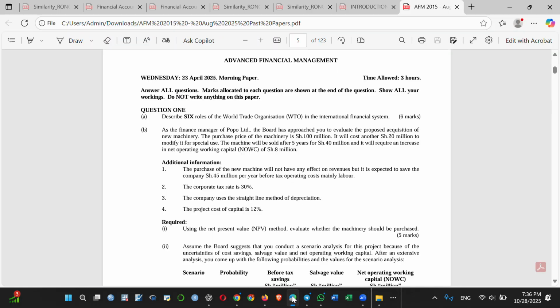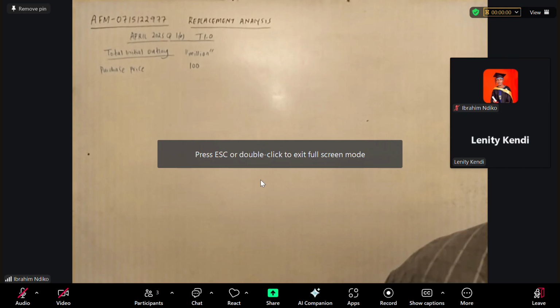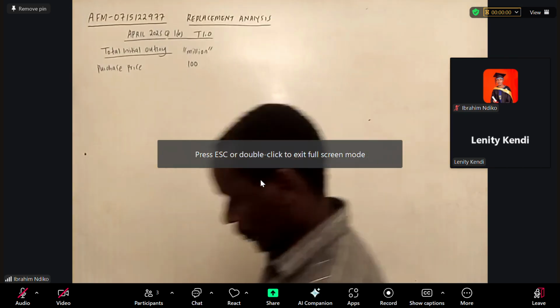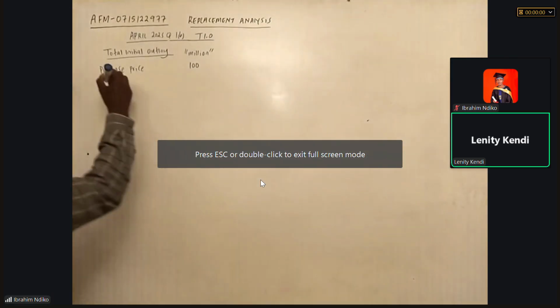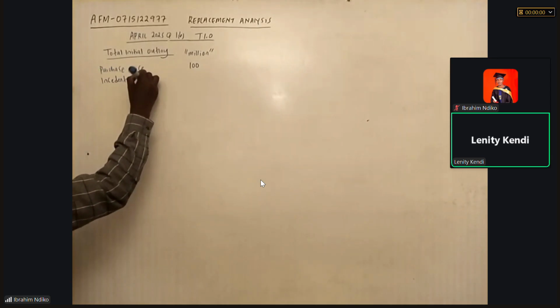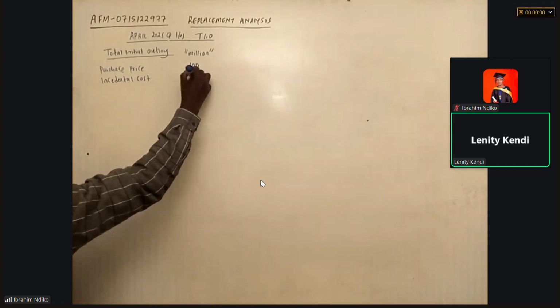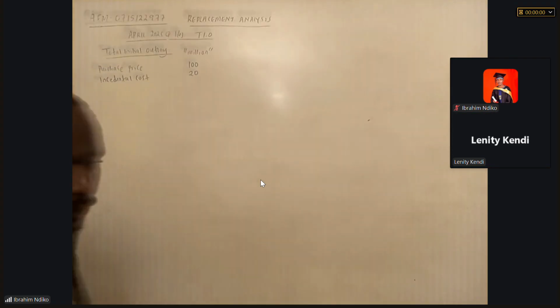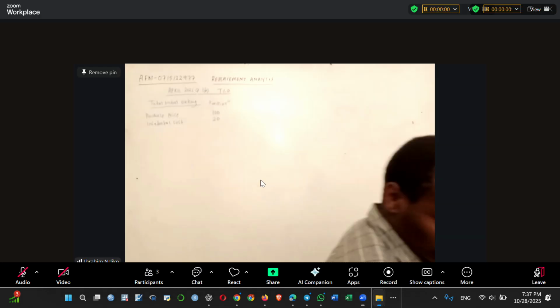And then it will cost another 20 million to modify. So that modification is what we call the incidental cost. Incidental cost. So modification is part of incidental cost, 20 million.